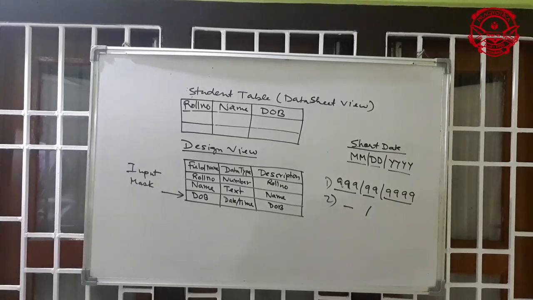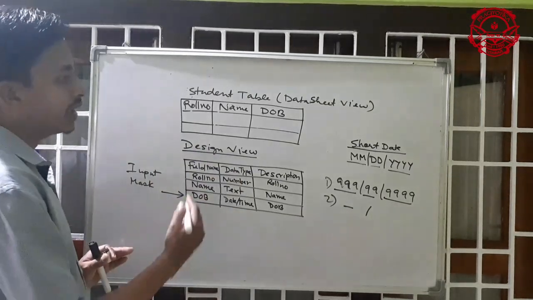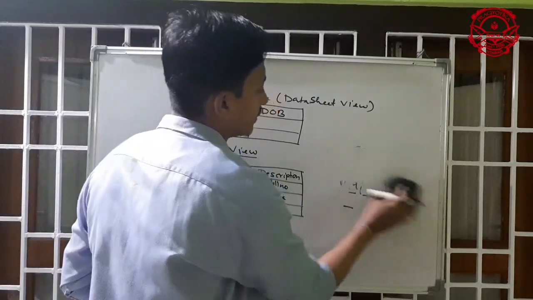Now you can see in date of birth what happened. Go to the first field properties, and after that go to the input mask wizard.